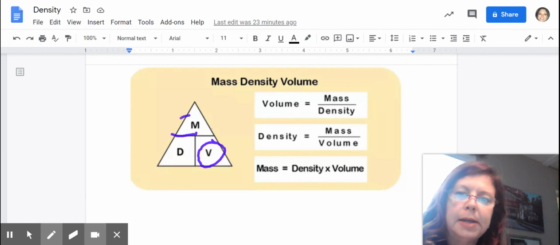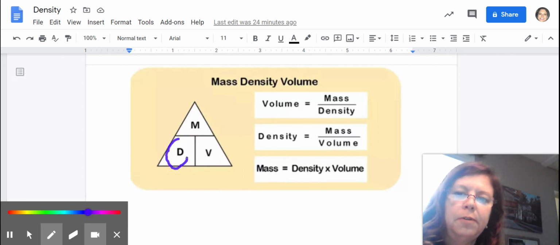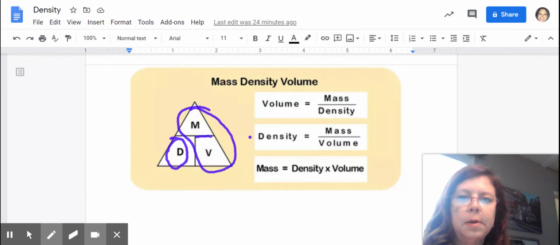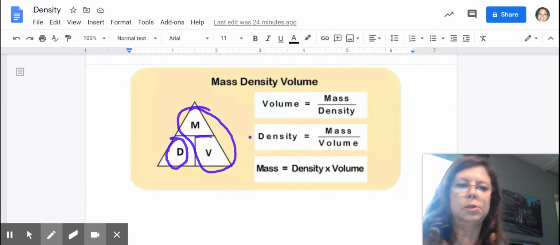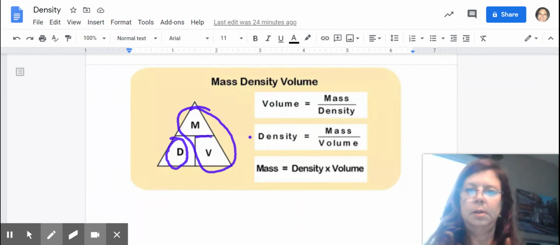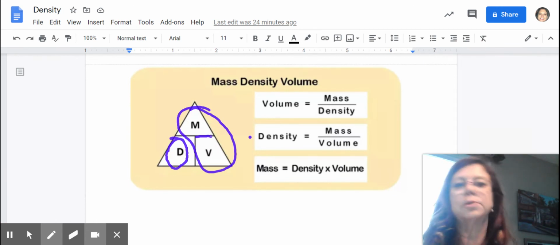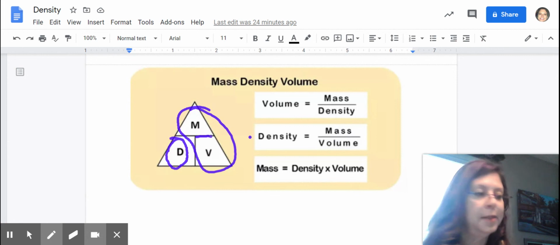The mass and the density are divided. And if you're solving for density, density equals mass divided by volume. So sometimes students like memorizing this little table, and that helps, little image, helps students to remember how to manipulate that D equals M over V, because a lot of people make errors that way. All right, that's it for now.